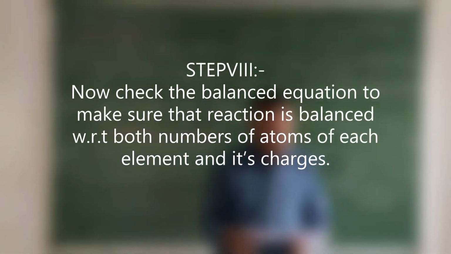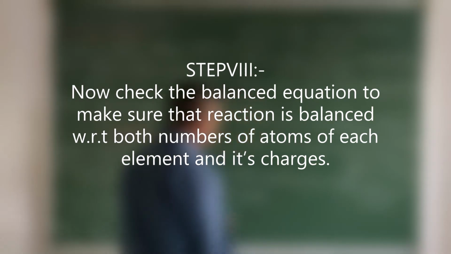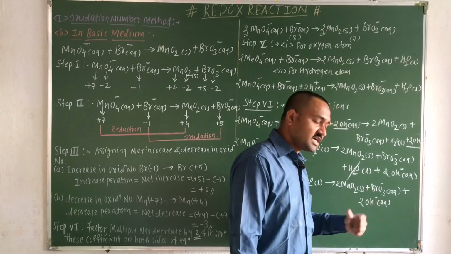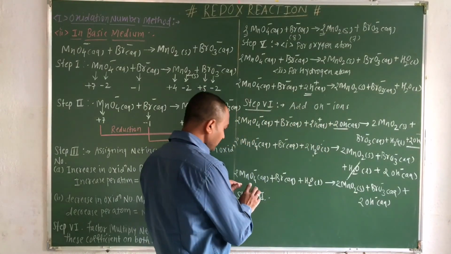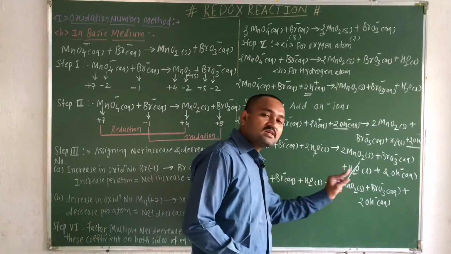Now what it says: check the balanced equation, make sure that the reaction is balanced with respect to both the number of atoms of each element and the charges. So check the equation with respect to the atoms and the charges. We already balanced the oxygen atom and hydrogen atom, and the other atoms are also balanced.